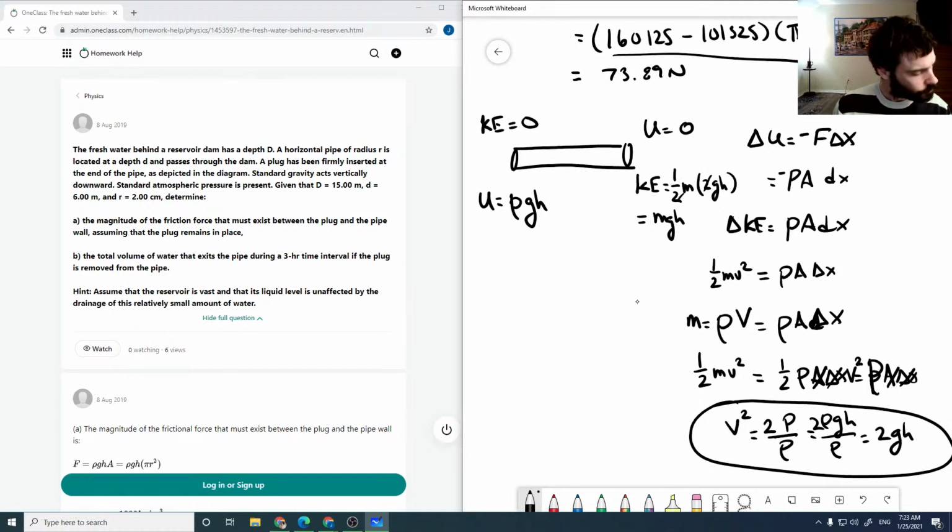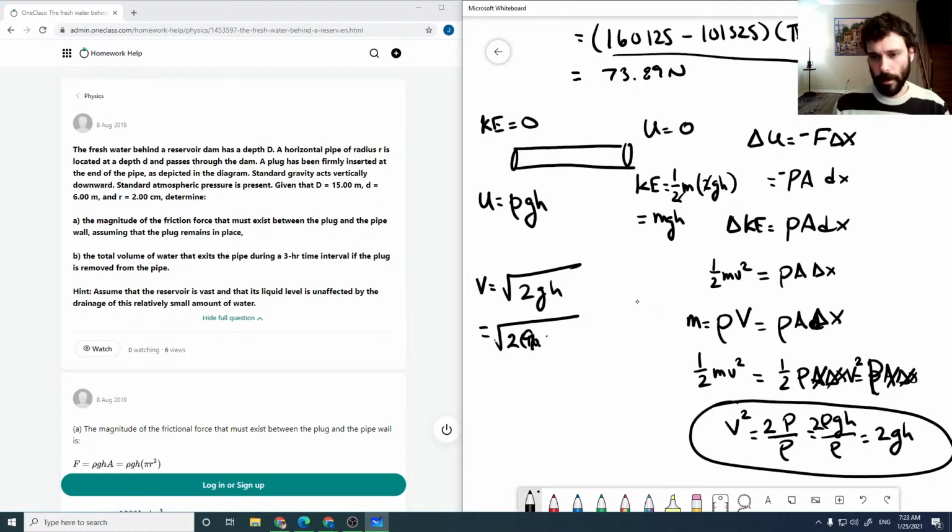Okay. I don't know if that's super necessary actually, but anyway. So we can solve for the velocity that everything's traveling at as square root of 2gh, which is equal to the square root of 2 times 9.8 meters per second squared.